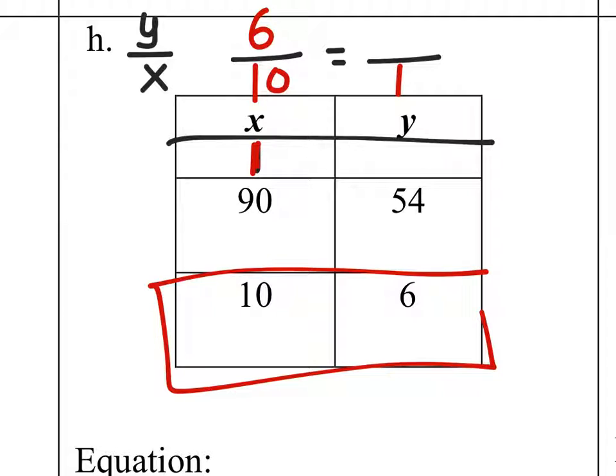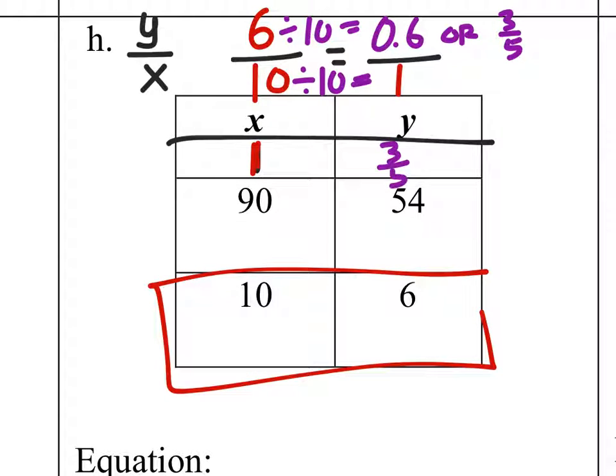So to make a 10 a 1, we divide it by itself, 10. And we'd do 6 divided by 10, which is 0.6. Or if you want the fraction, 3/5. So that gives us 1 and 3/5, or 0.6.